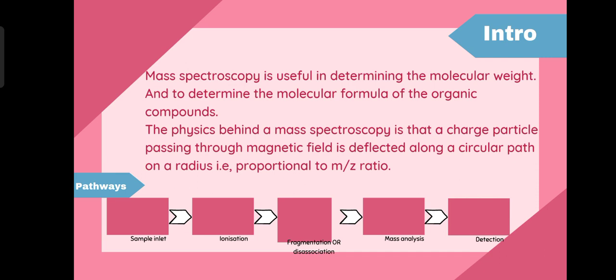So here let's have a look at the pathway. The components coming from the sample inlet, that is from the HPLC and the GC system, are subjected to the ionization process. During ionization, the neutral form of the molecule gets converted into the ionized form, right? Now if this ionized form of the molecule is unstable, then it will undergo further fragmentation, which results in the formation of various fragment molecules having different masses.